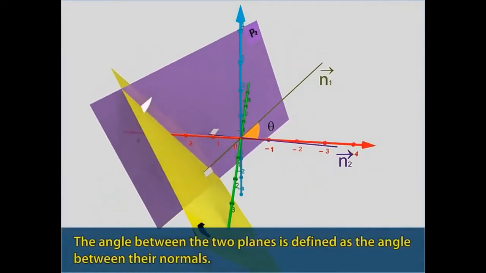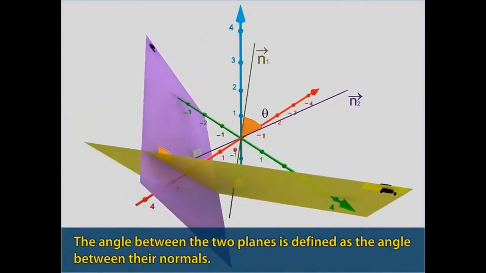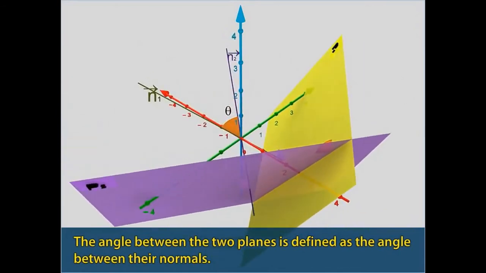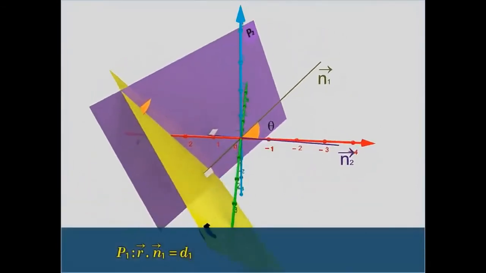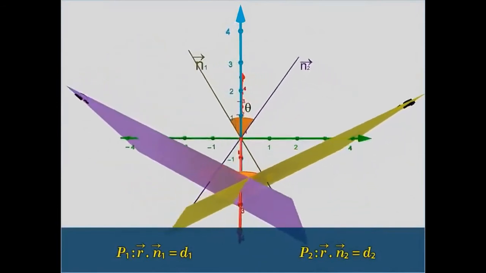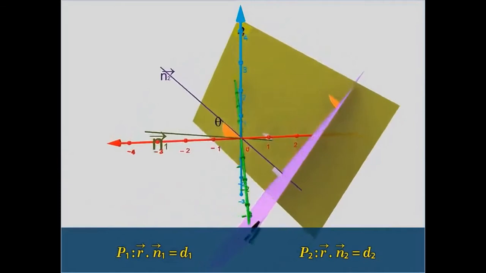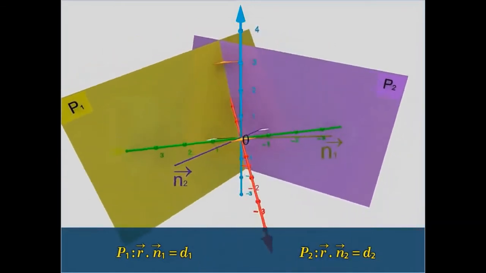The angle between two planes is defined as the angle between their normals. For the sake of convenience, we shall consider the acute angle between the planes. Let capital P1 and capital P2 be two planes with equations vector R dot vector N1 equals D1 and vector R dot vector N2 equals D2.